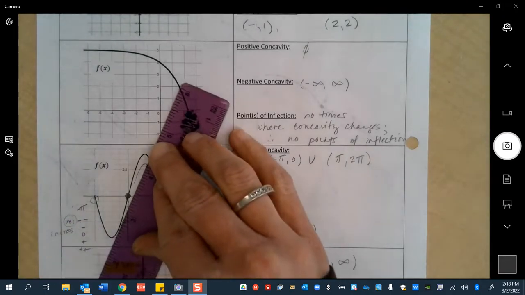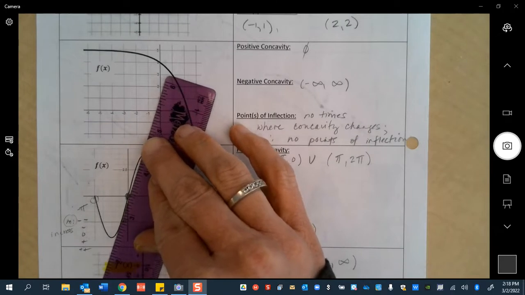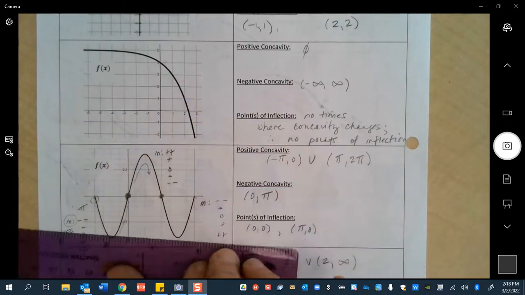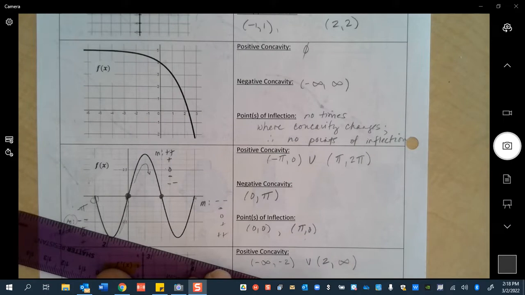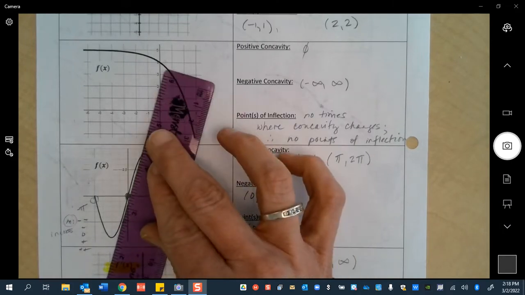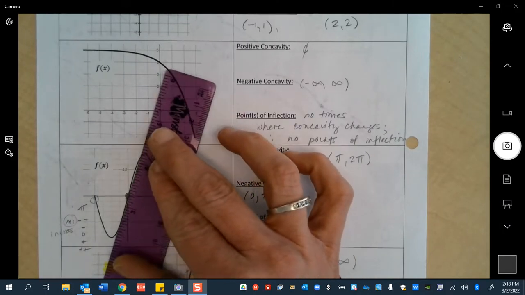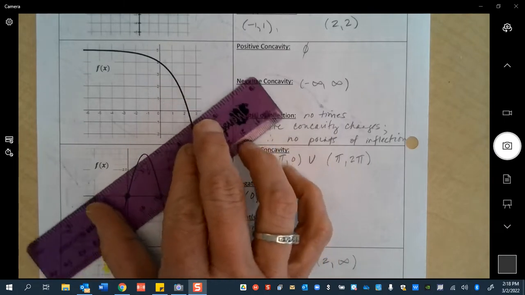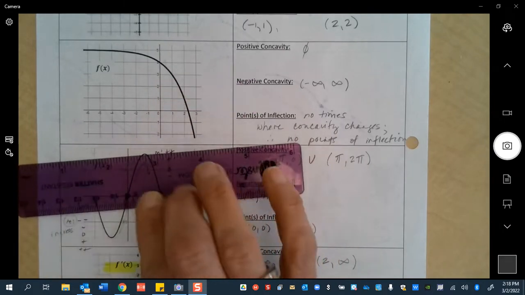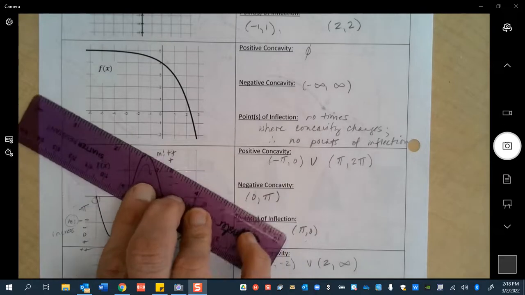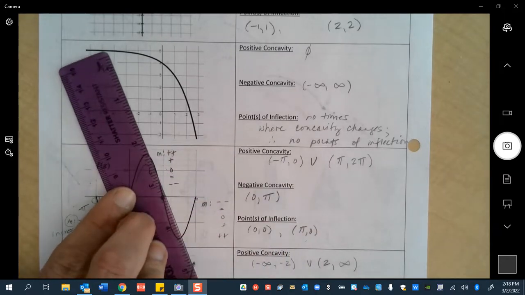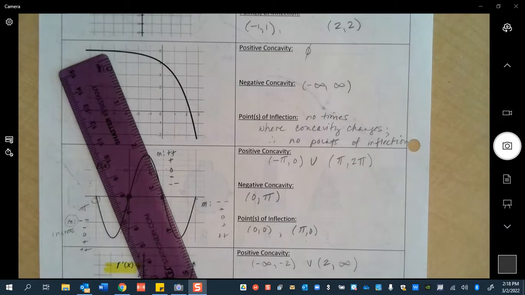Every single time that my derivative value is increasing, that's where I end up with up like a cup. As soon as I cross this point here, my derivative value is decreasing, and that's where I have my down like a frown.